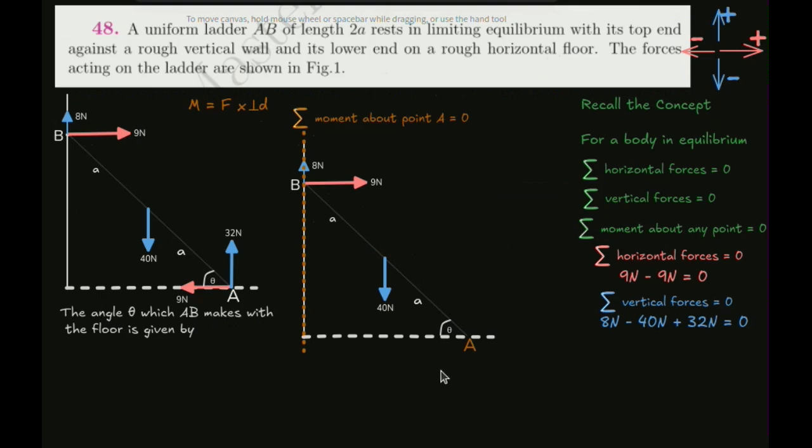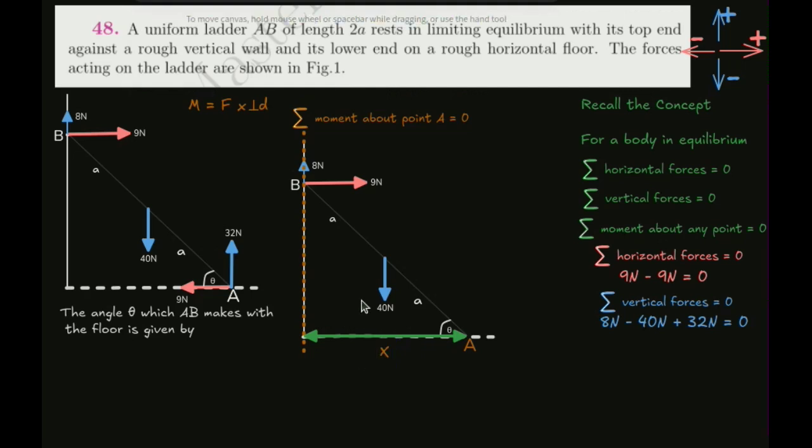So the perpendicular distance from our pivot to this line of action will simply be this distance. Let us draw this perpendicular distance. Okay, so this is what we need to find. You can call it x. This distance, call it x.